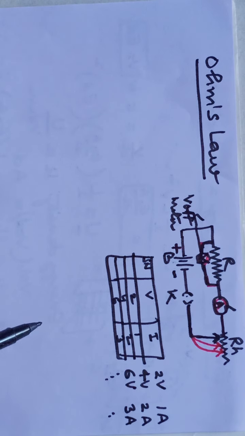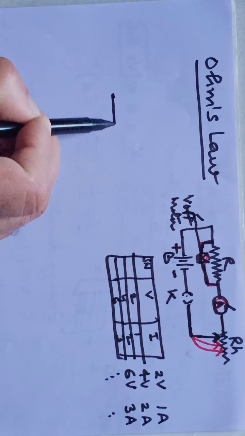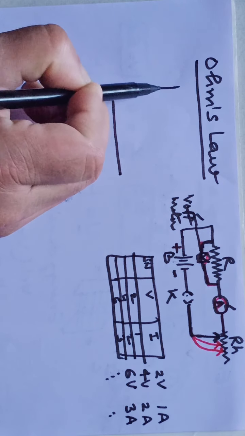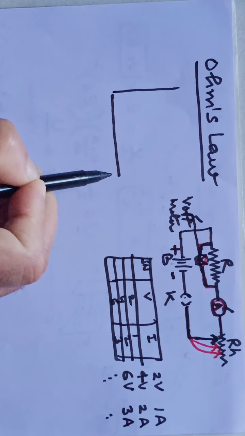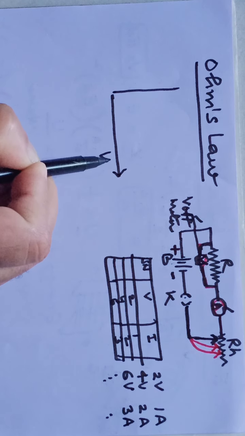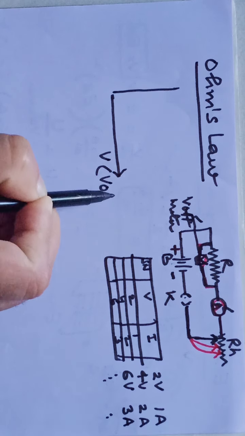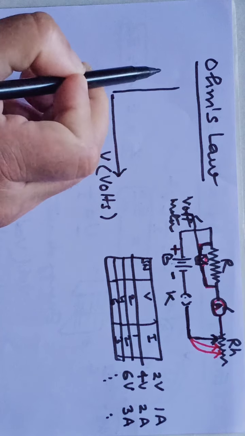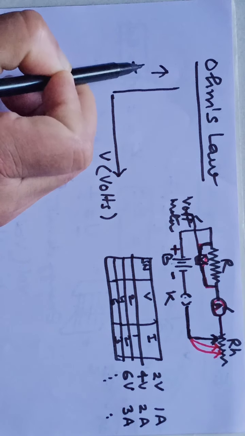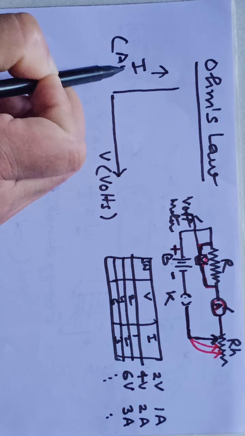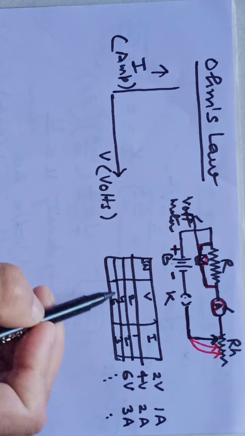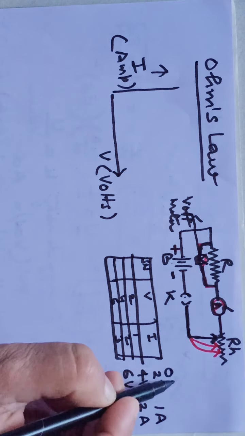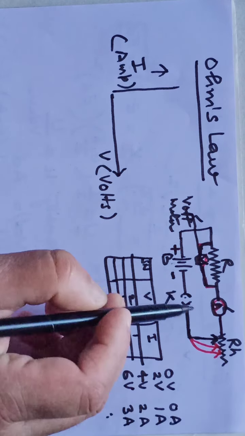So if we plot this in a graph, now if in a graph we take voltage here, which is in volts, potential difference, and current here in ampere, then when the voltage was 0, current was also 0.